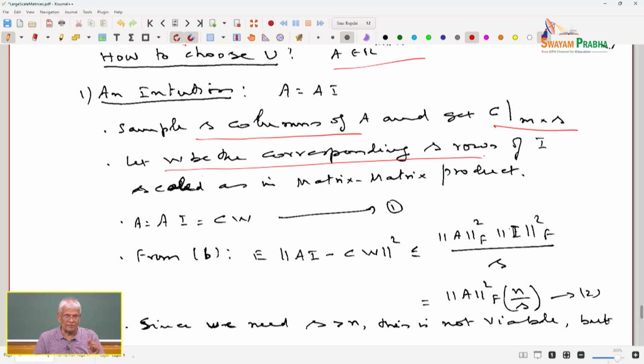You remember that we did that in the case of matrix product. So, A is equal to AI, A is equal to C times W.